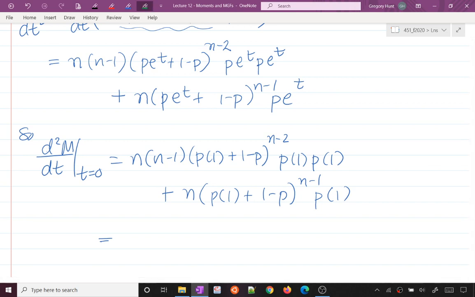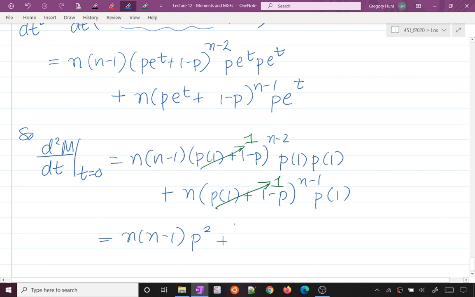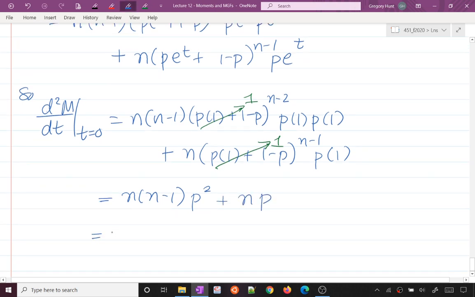Lots of things are going to simplify, right? Because this thing is 1 and this thing is also 1. And so what we get is n times n minus 1 times p squared, plus np, which gives us, let's expand it out a little more, n squared p squared minus np squared plus np, which is exactly what we had said our second moment was, right?